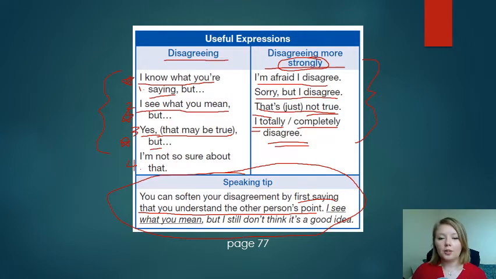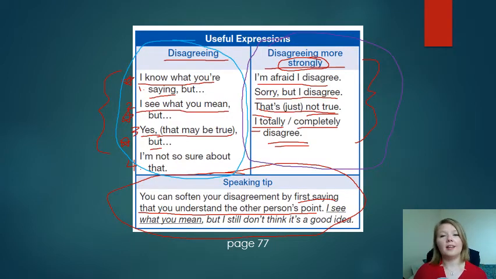So if we want to be very polite and kind, we can use these terms. But if someone says something that is very, very wrong and we strongly, strongly disagree, we can use these terms over here. Okay? These are all great and can be used in any situation.